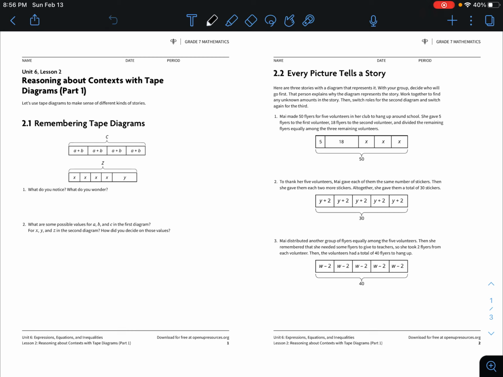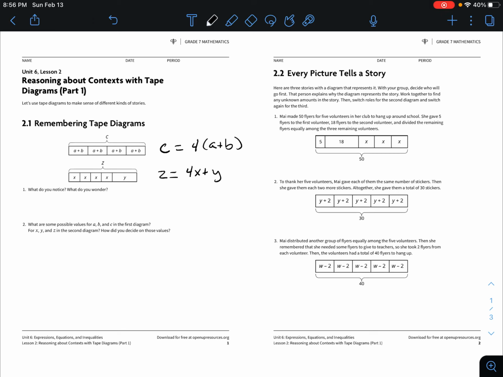So this first part says remembering tape diagrams. C is equal to A plus B, essentially 4 of those A plus B. So C is equal to 4 of A plus B. The next one would be Z is equal to 4x plus y.